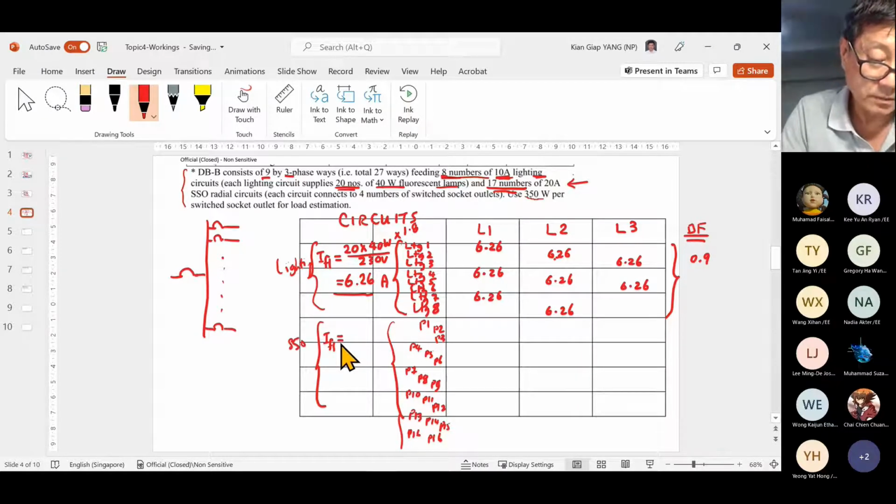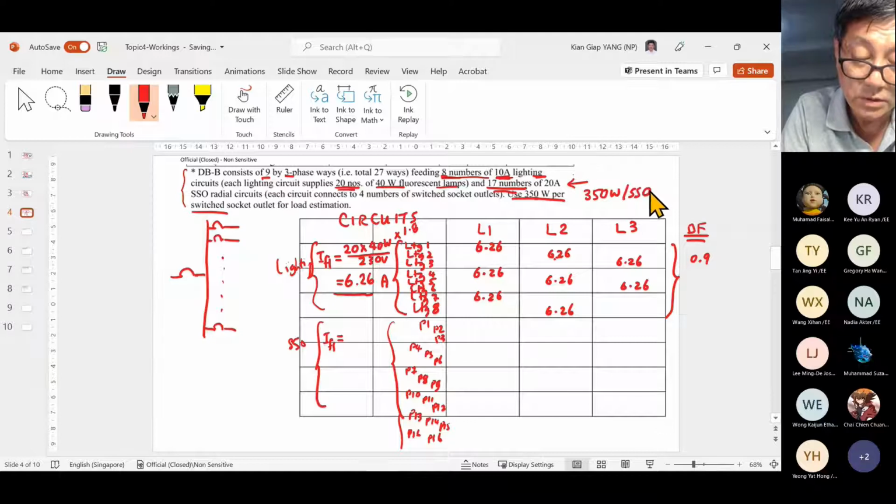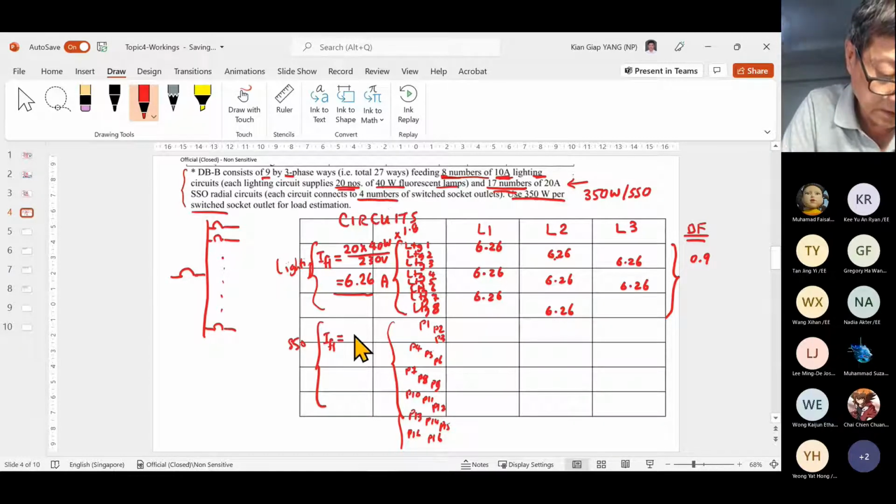Now, for this case, because this information is given, 350 watts per SSO, I use this method to calculate the I full load. So I have how many SSO per circuit? I got 4 numbers. So 4 times 350 watts divided by 230 volt divided by power factor 0.85.